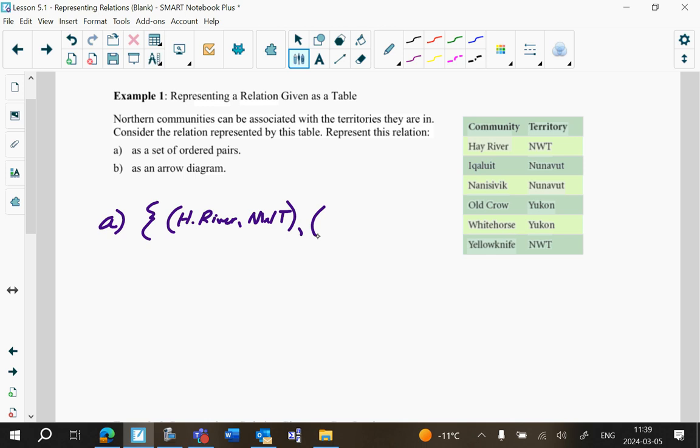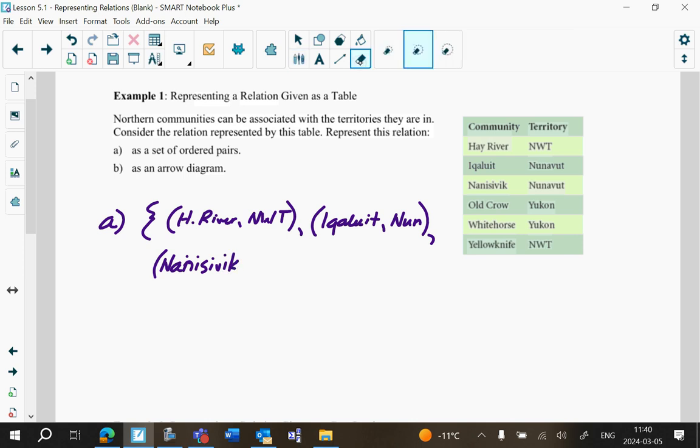Second one is Iqaluit, which is in, and I'll just do NUN for short, Nunavut. Nanisivik is also in Nunavut.